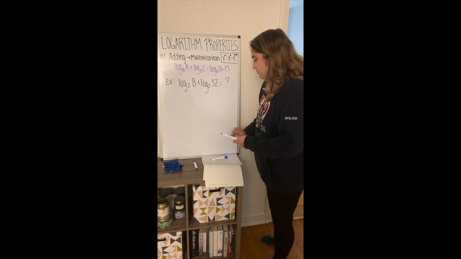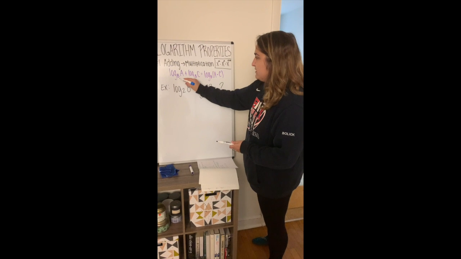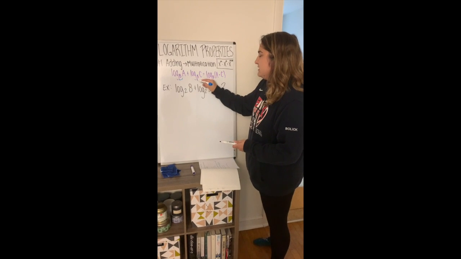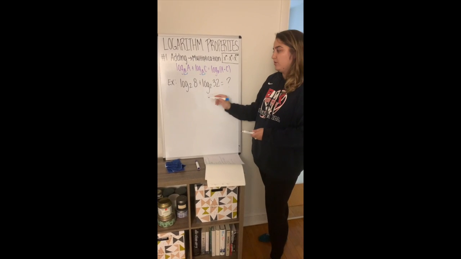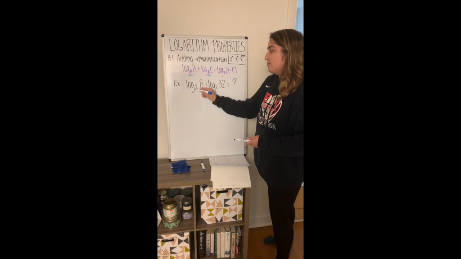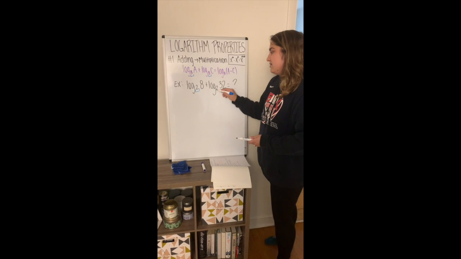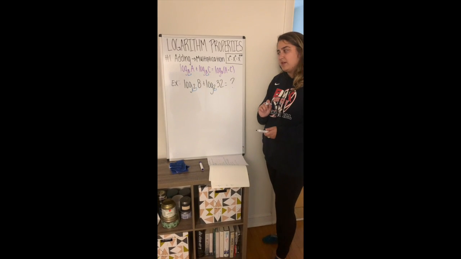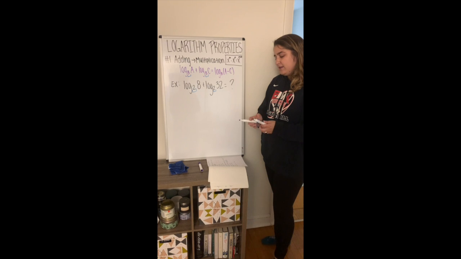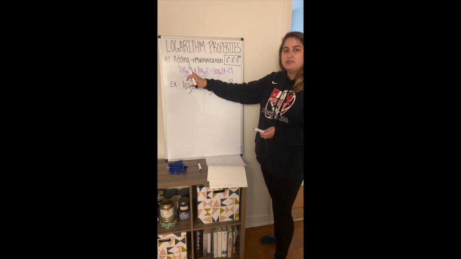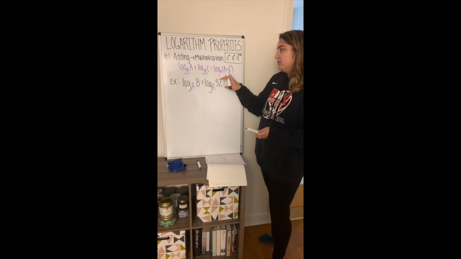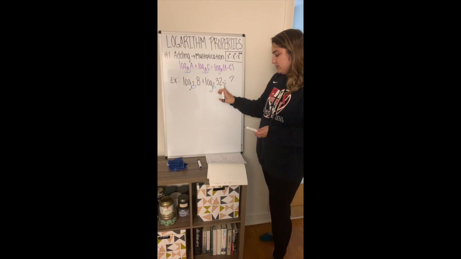And so we notice that these have the same base, as in our generic example. And lucky for us, these two logs also have the same base. So if we just want to use this general rule, we just need to figure out what 8 times 32 is.